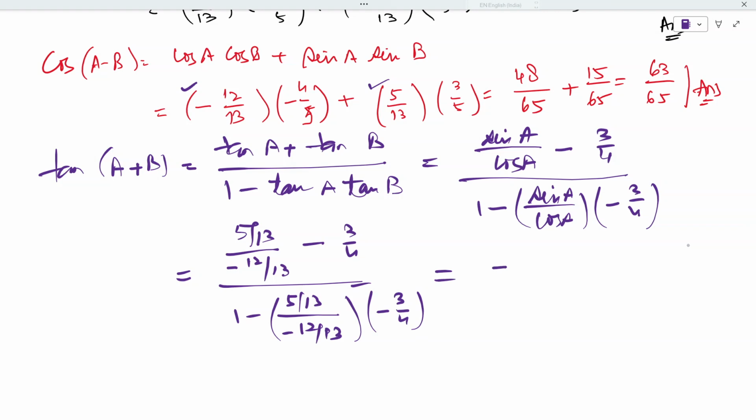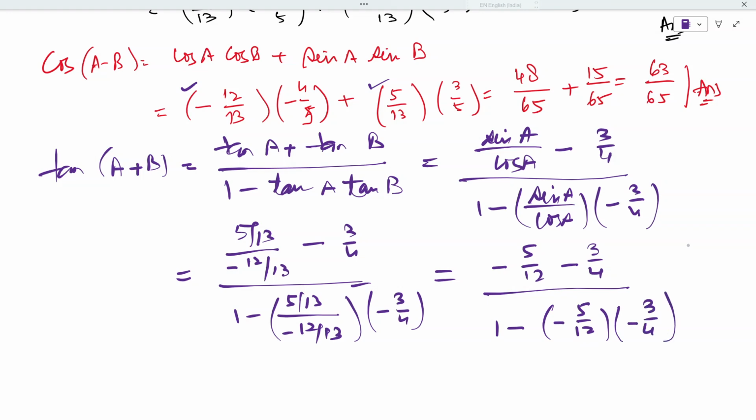This is of course equal to minus 5 upon 12. Minus 3 by 4 upon 1 minus (minus 5 upon 12) into (minus 3 by 4).